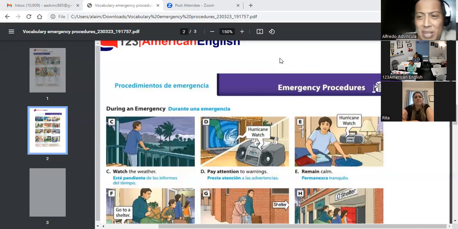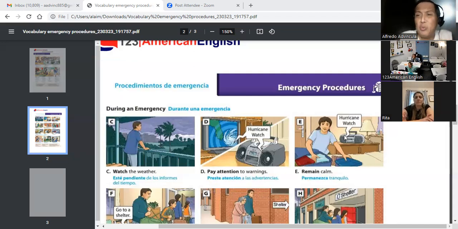Okay, so that was letter C and D. Letter E, I think, is pretty self-explanatory, that you should always try to remain calm whenever there's any kind of emergency. Because if you get nervous and you panic, I think it affects the other people around you.